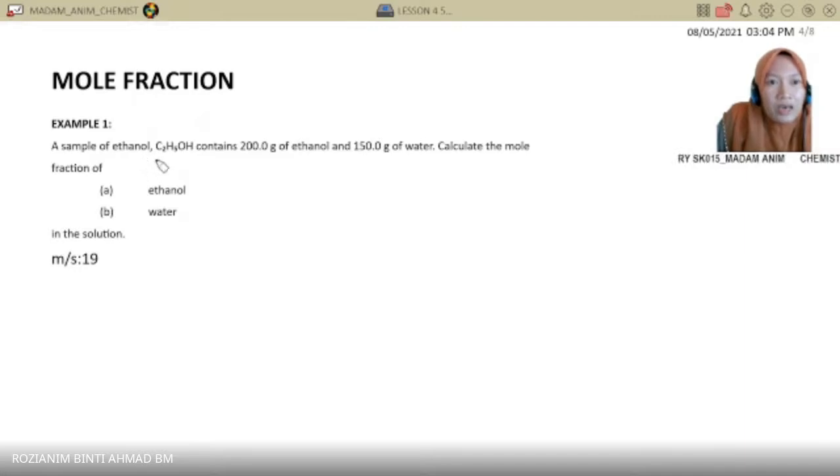Okay, so we have a compound of ethanol containing 200 gram of ethanol and water. So what is the meaning of the first statement? You must clarify who is your solute and who is your solution. We know that the 200 gram here belongs to the solute component.